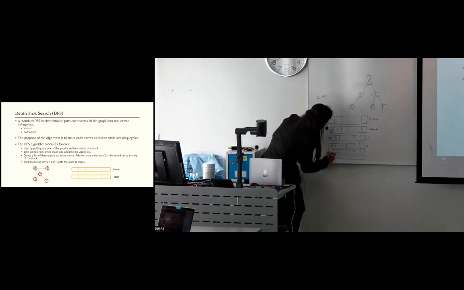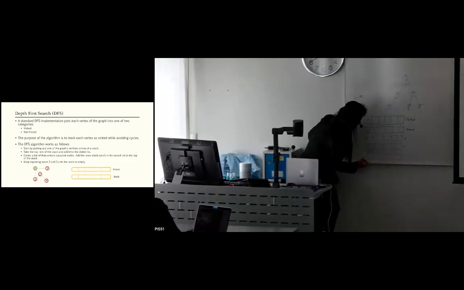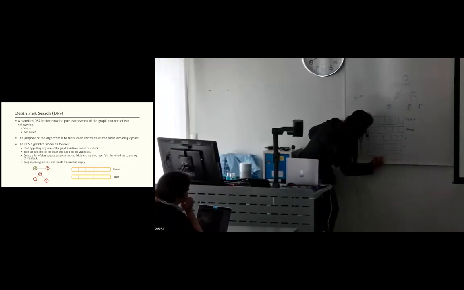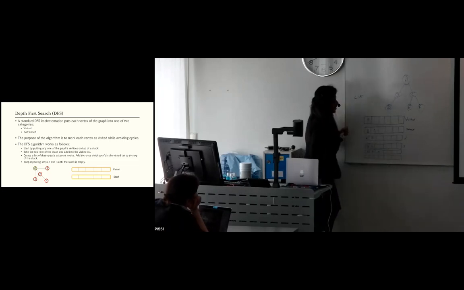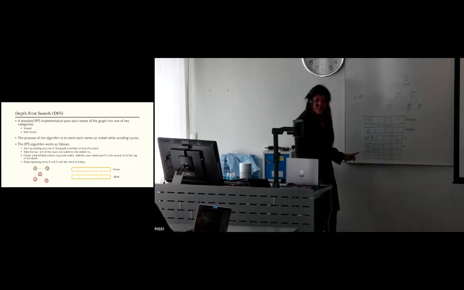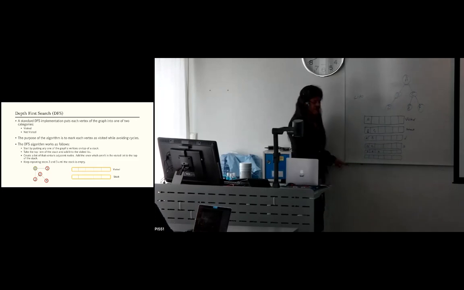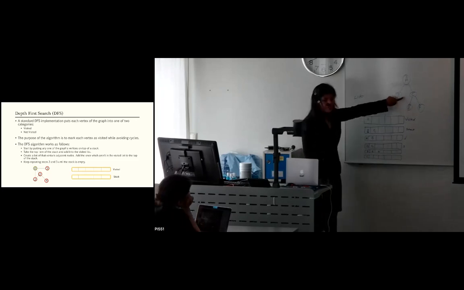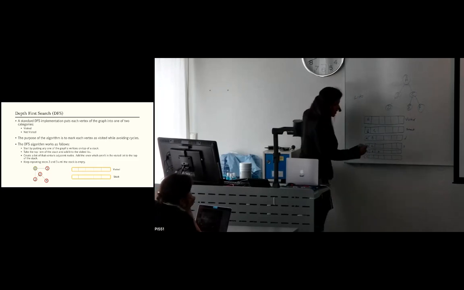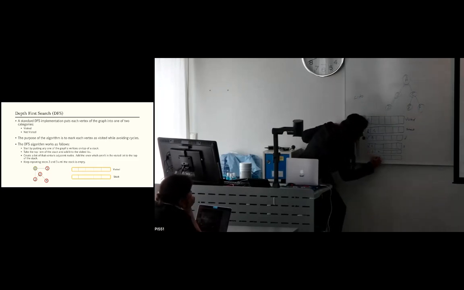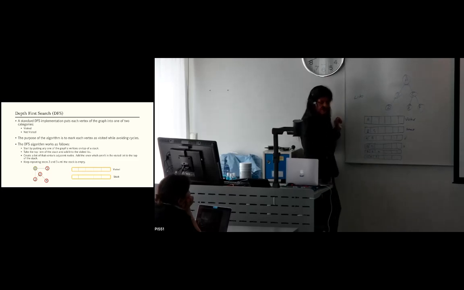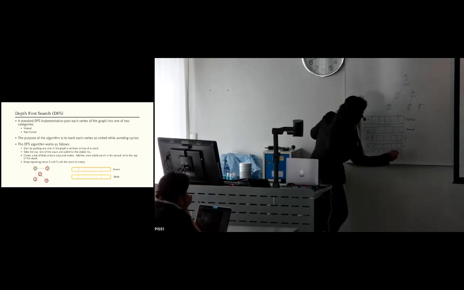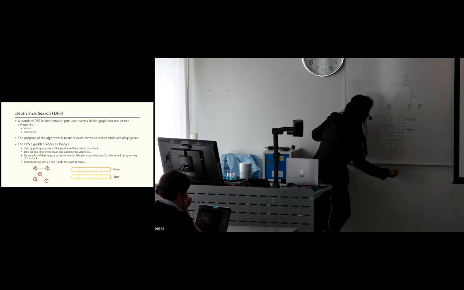D. So A, B, D. Now the plate C is on the top of the stack. We have two children. Who are the children of C? E and F. So yes, it's visited and on the stack.